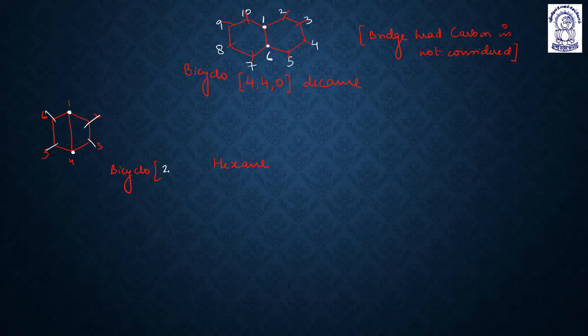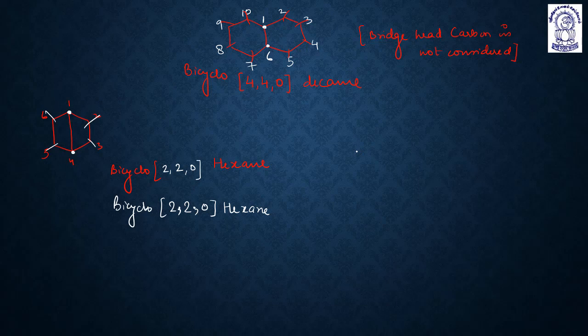So it is 2, 2, 0. Basically, it is 2 dot 2 dot 0 hexane. So it's written as bicyclo 2 dot 2 dot 0 hexane. You can write comma as well. It's better to write comma actually.